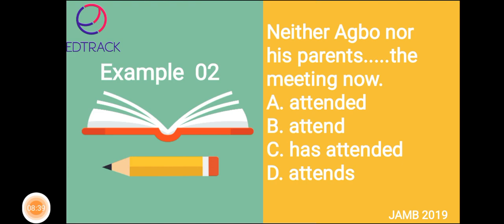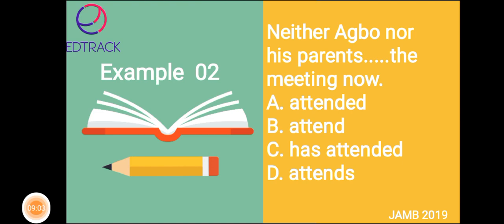The word now shows that the incident is in present tense. So option A and option C are already out of our way. So we are only left with option B and option D. Option B is a plural verb. Option D is a singular verb.